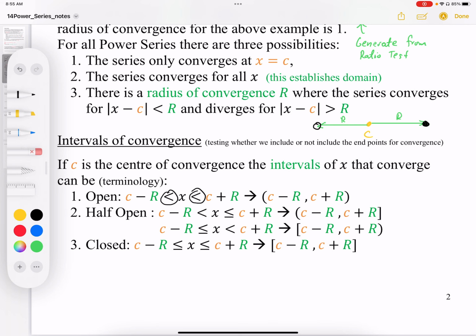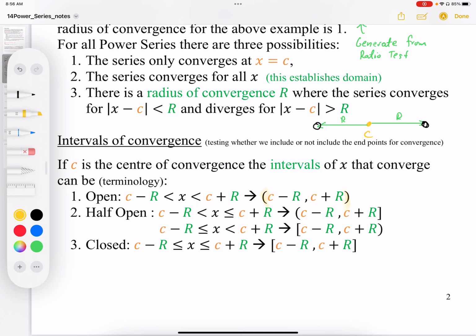So that would be a situation where our endpoints look like this. We have these open endpoints here and here. So this is what we call an open interval. This is also indicated by these curved brackets on both sides.